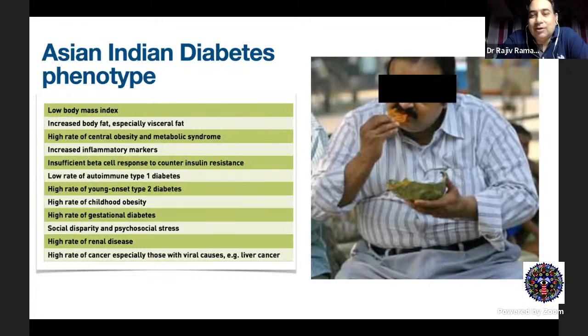Usually young onset is type 1, but we have many people with type 2 who are young onset, childhood obesity, gestational diabetes, and even viral causes, and a high rate of cancer, especially liver cancer. So all these are the typical phenotype seen in India and very well described as the Asian Indian diabetes phenotype.